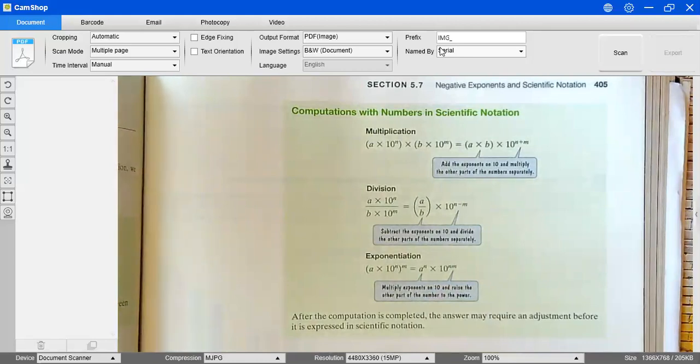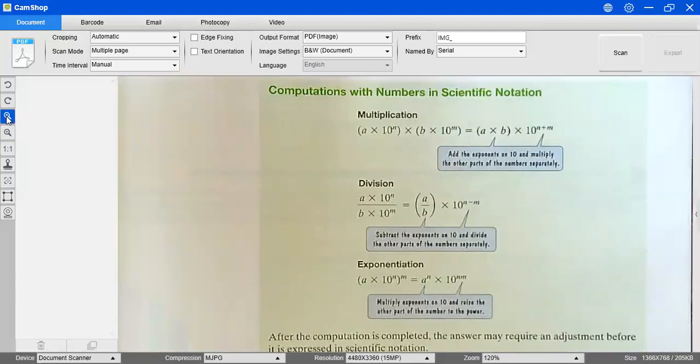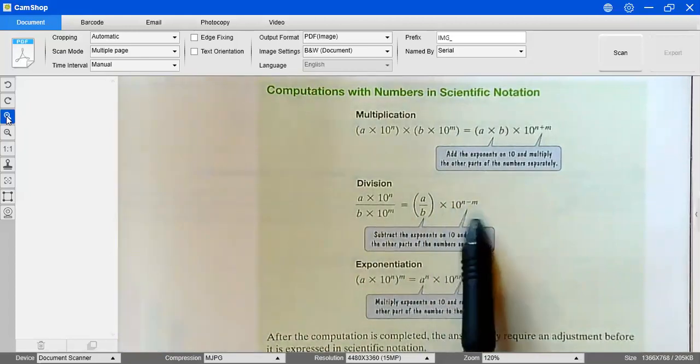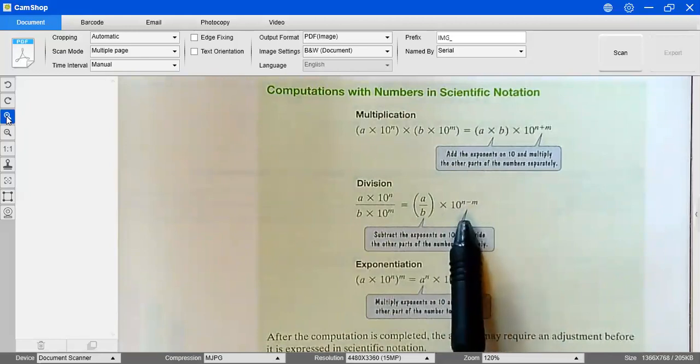When you divide two numbers that are written in scientific notation, you divide the mantissas, and you subtract the exponents of the powers of 10.